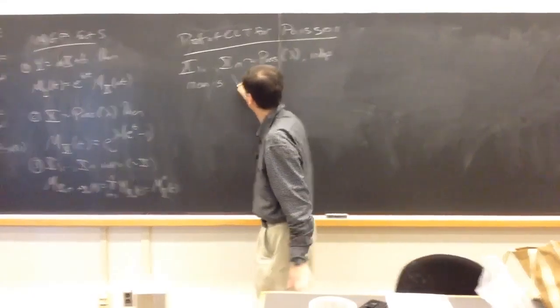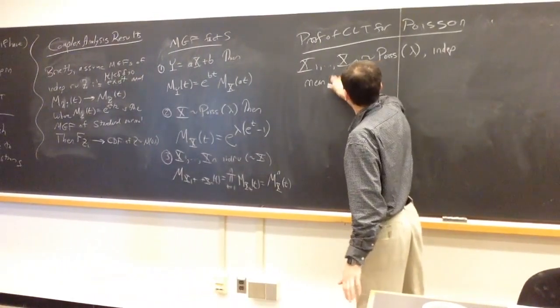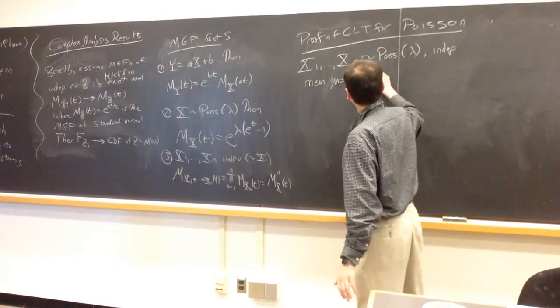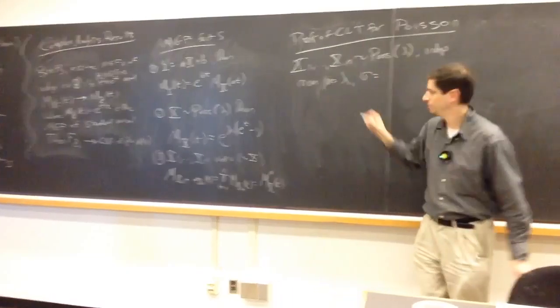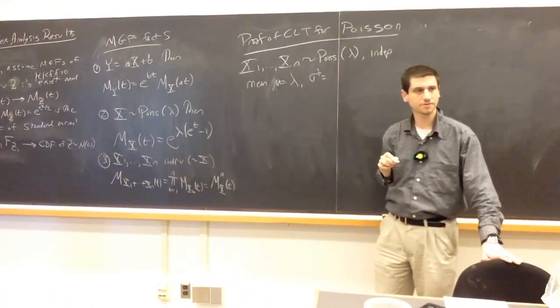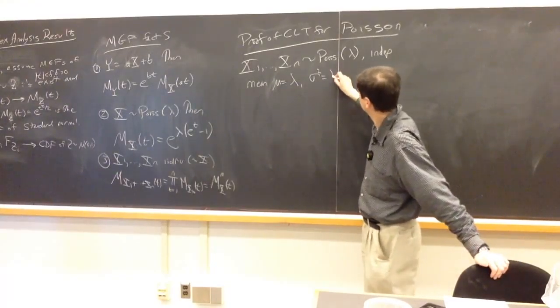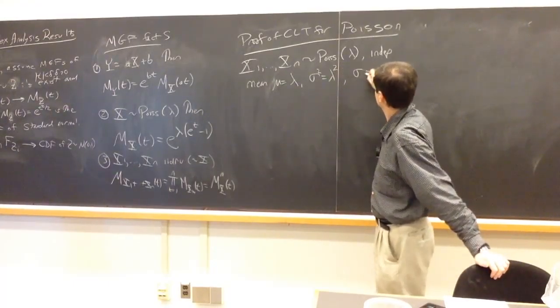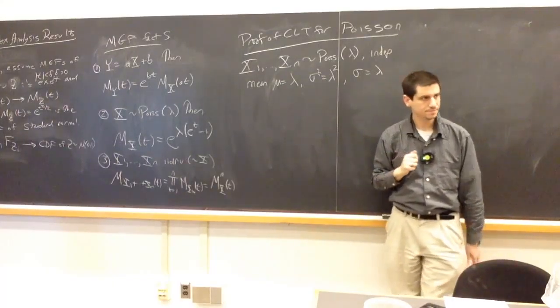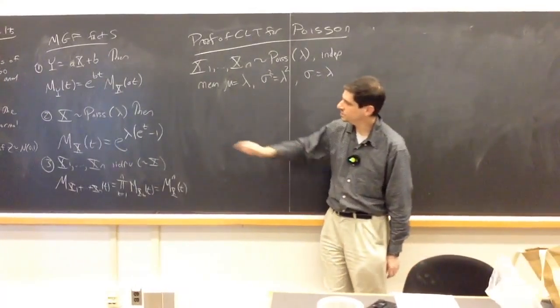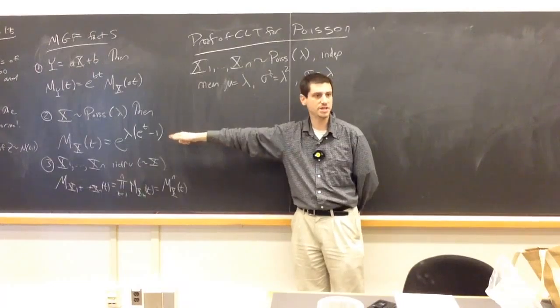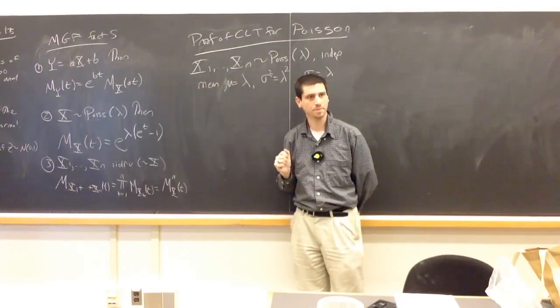The mean is lambda, and so the mean mu equals lambda. The variance is also lambda, and so the standard deviation is square root of lambda. And again, we can always see this by doing our calculations, by taking two derivatives, by Taylor expanding.